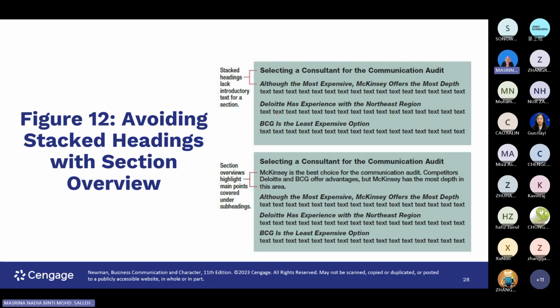Just have one title heading and the section headings, like Intervention, and then don't do stack headings like this. Too many stacked headings is not good for your report. So try to avoid stack headings.